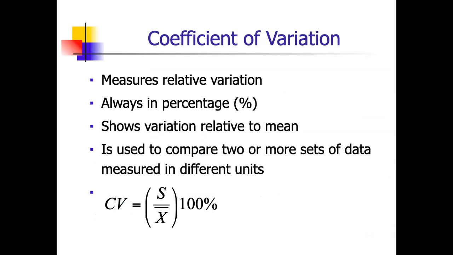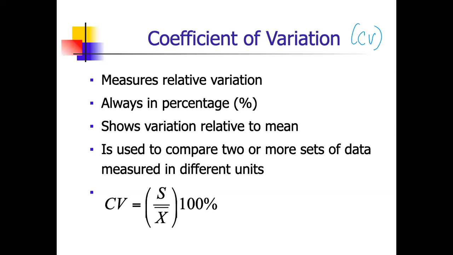Now let us continue to what we refer to as the coefficient of variation, which is an application of the different measures of variance. The coefficient of variation, which we simply denote by CV, is a measure of relative variation, which is always expressed in terms of percentage, and it shows the variation relative to the mean.